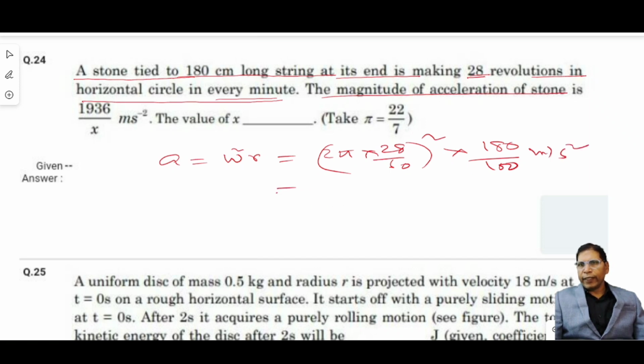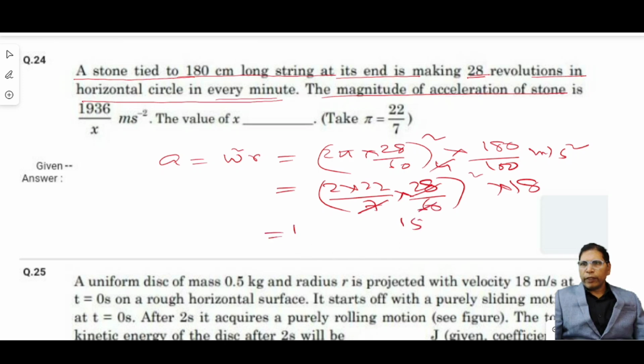Now this is 2 into 22 by 7 into 28 divided by 60, whole square, into 1.8. Now this and this cancel out, so this is 4. This and this is 15. Therefore, this is 44 into 44 divided by 225 into 1.8.